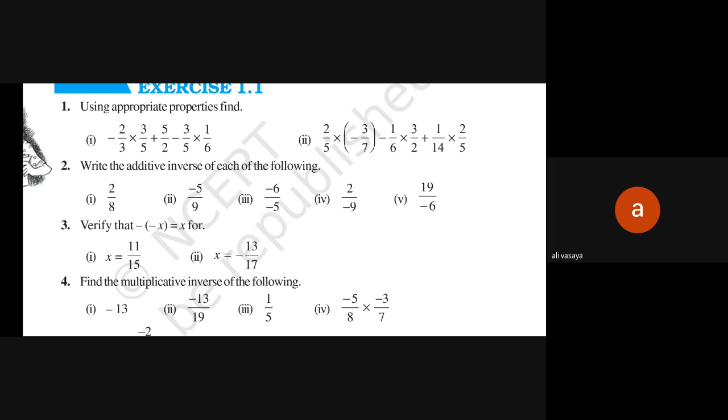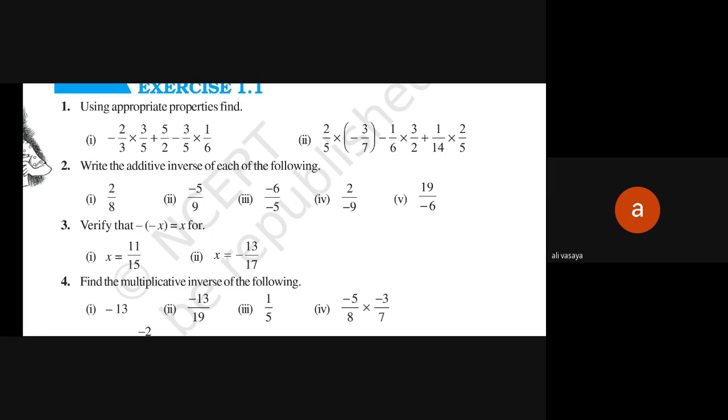I just explained it in the last lecture. Additive inverse means we have to change the sign from positive to negative and negative to positive, right? And in multiplicative inverse, we have to change the position of the number from numerator to denominator and from denominator to numerator.